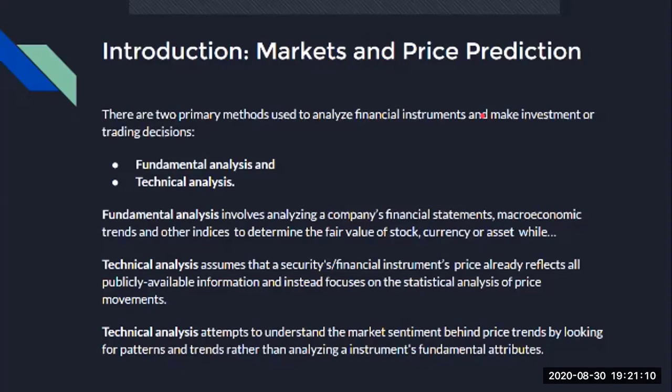If you don't know what financial instruments are, basically any asset you can trade, any asset that is tradable. Examples are gold, FX, crypto, wheat, anything that is tradable. Those are financial instruments.